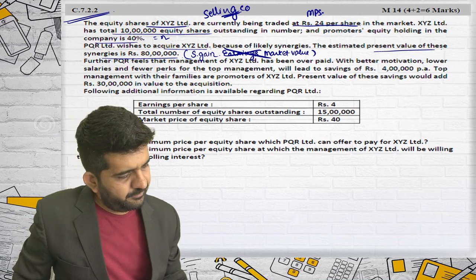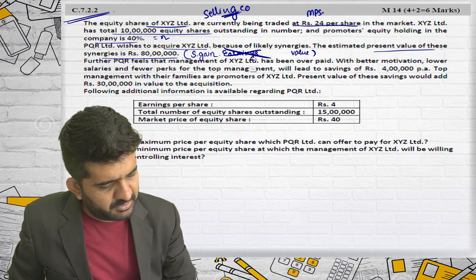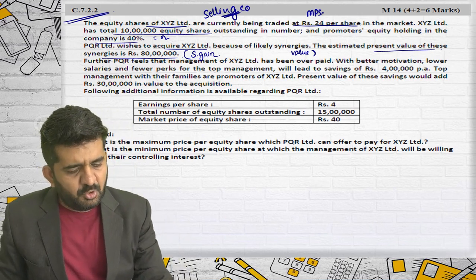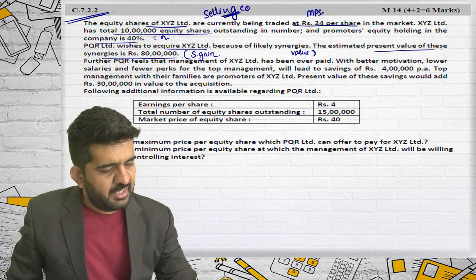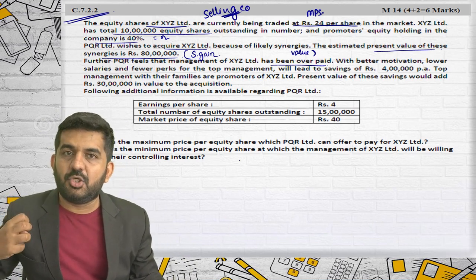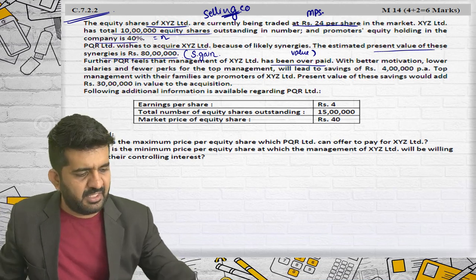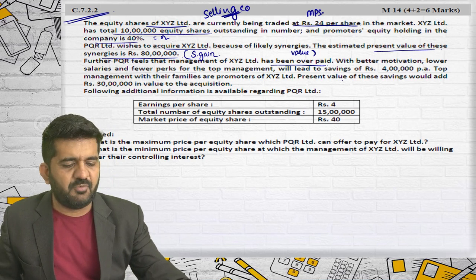Sorry, not market value but value. But exactly it is not based upon earnings. Further, PQR feels that the management of XYZ Limited, which is the selling company, has been overpaid. So once they take over the company, they will not be paying more to management. Management are holding probably 40% of shares.